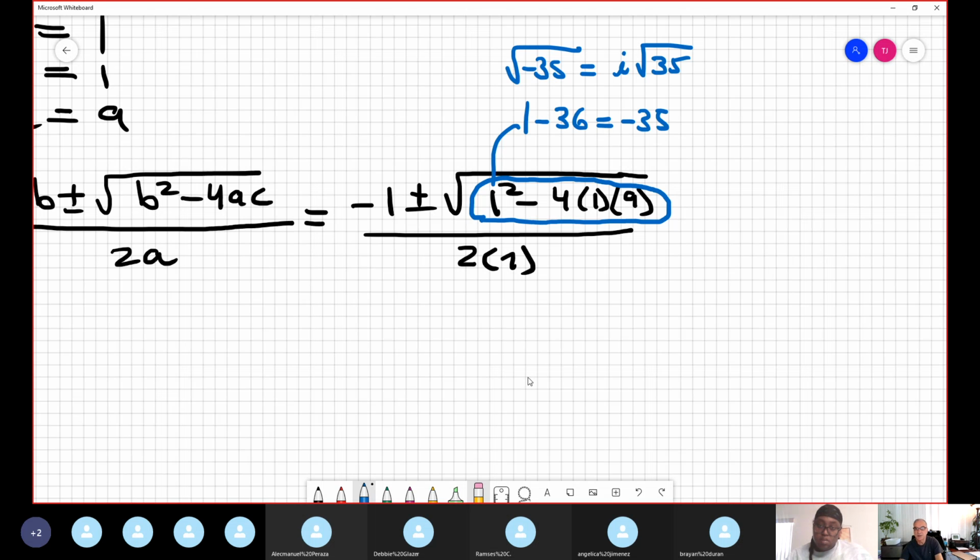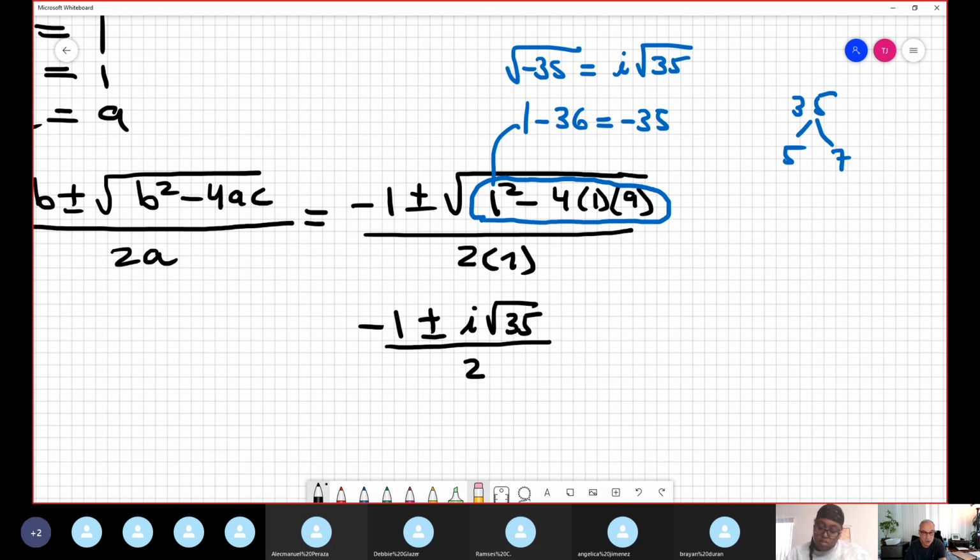And 35 cannot be simplified more because 35 is 5 times 7. We have no pair of factors to eliminate. Therefore, the answer is negative 1 plus or minus i radical 35, divided by 2. Boom. Complex.